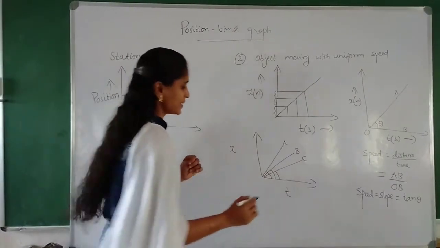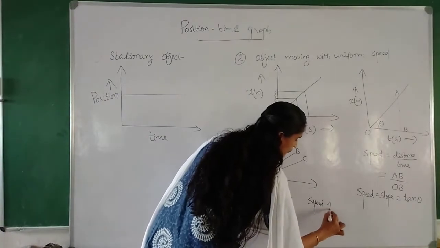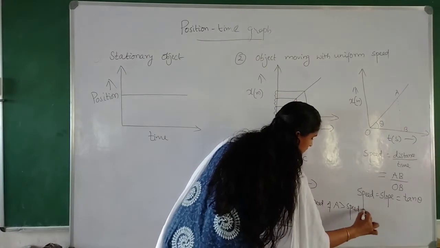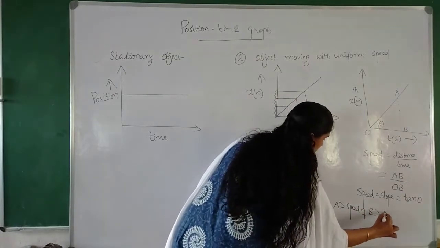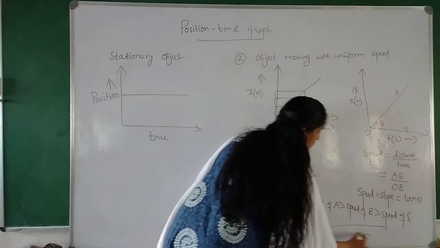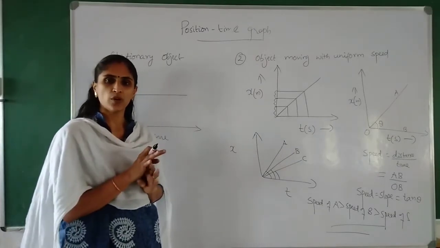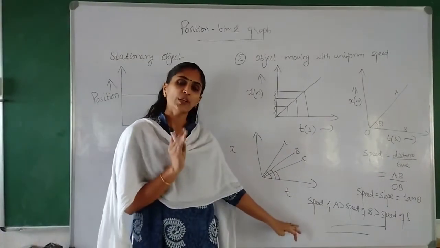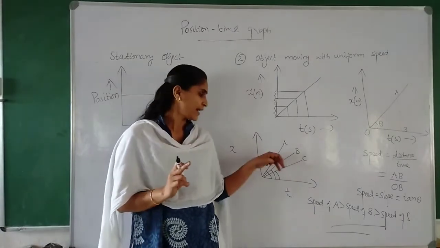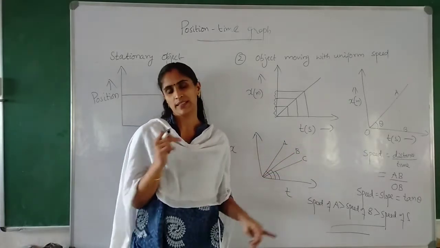So we can say that the speed of A is greater than the speed of B, which is greater than the speed of C. For justification, you can write slope is equal to tan theta, and the angle theta is more for A than B or C.